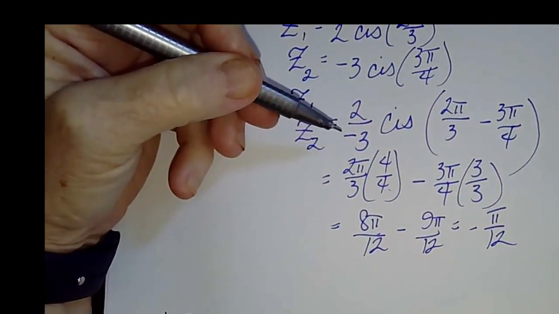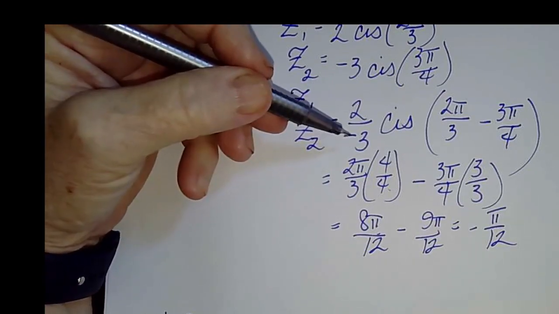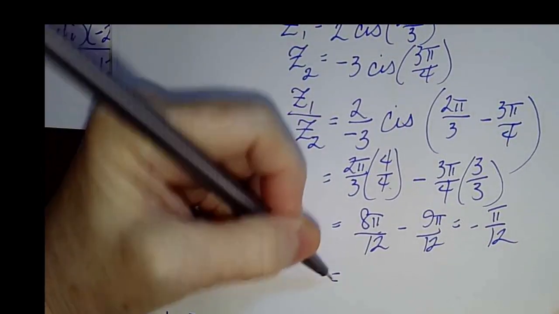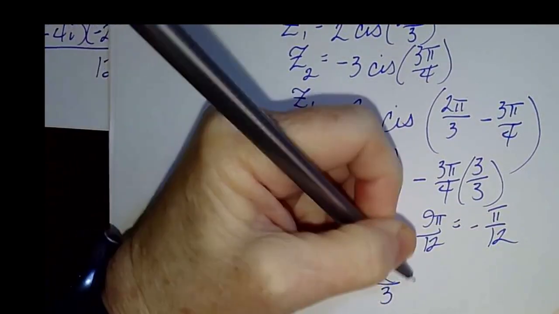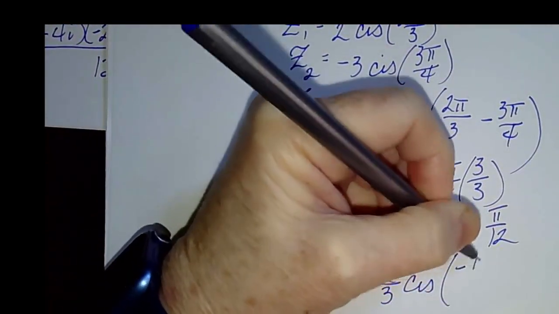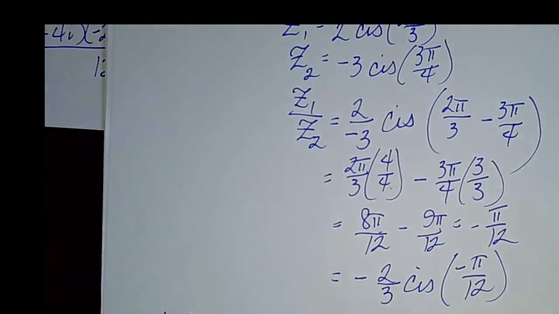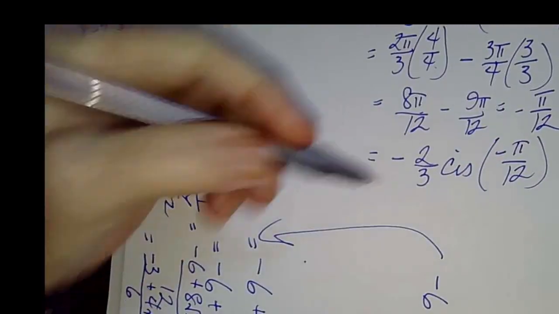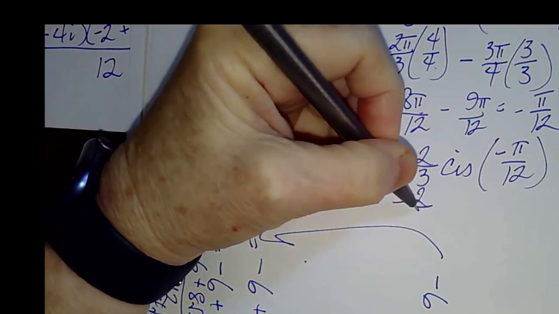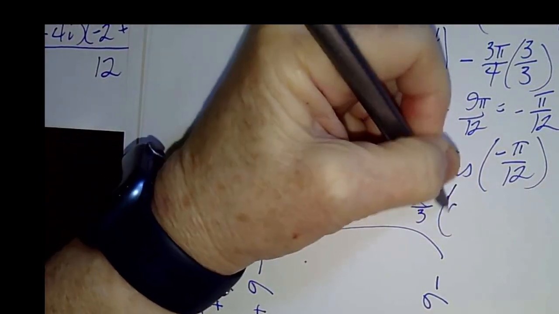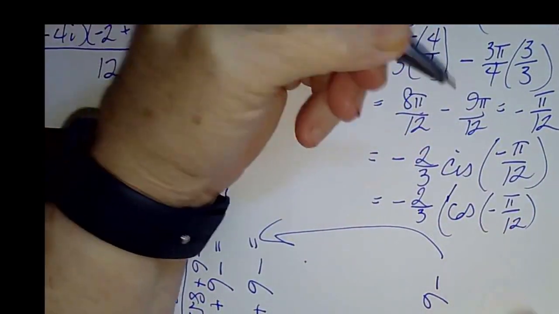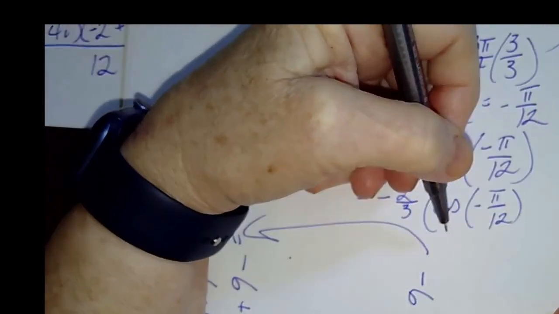And we can't do anything to this modulus, the number out front. So we just have negative 2/3 cis negative pi over 12. And if you write it out, you can deal with this negative. So we have cosine of negative pi over 12 plus i sine negative pi over 12.